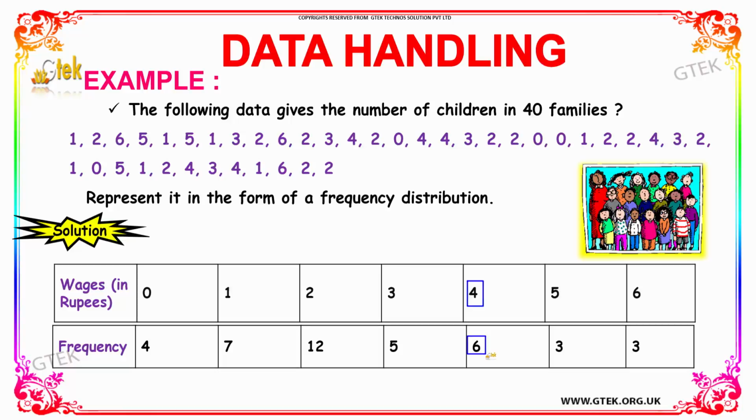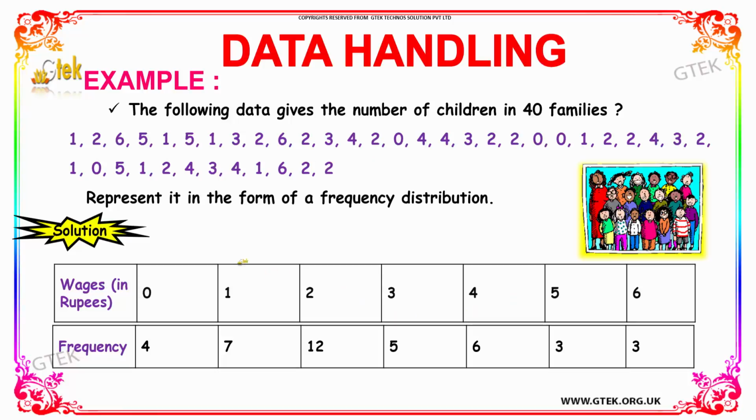Similarly, there are 6 children who are having their wage to be 4, and there are 3 children who are having their wage to be 5, and there are 6 to be the wage for 3 children. So this is how the frequency distribution table is constructed for a given raw data.